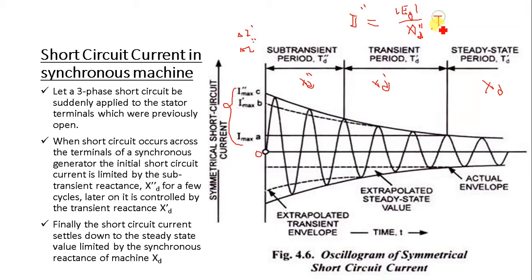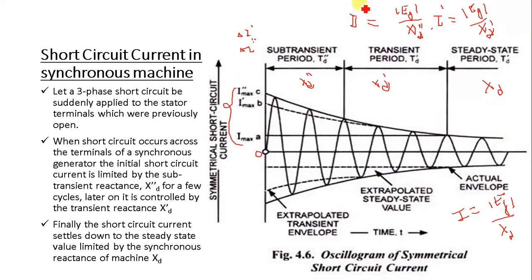The transient current I dash can be given by the generated voltage EG divided by the transient reactance XD dash. And the steady state current, this OA, can be represented as I is equal to EG divided by the reactance at this point, XD.